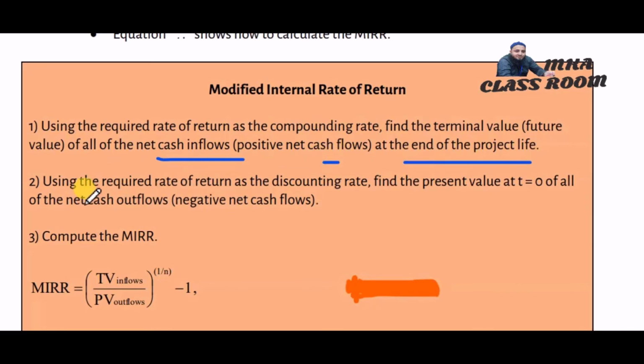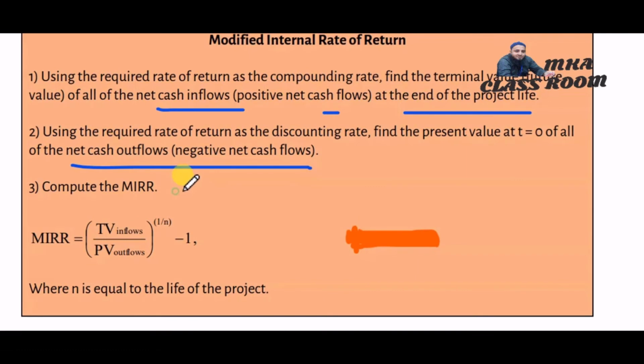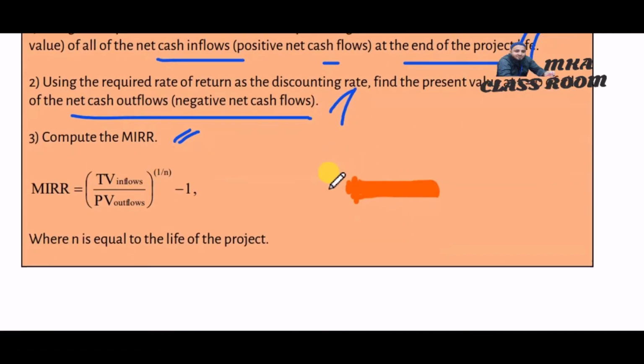Yes, that we have already calculated. Using the required rate of return as the discounting rate, find the present value at t equal to 0 of all net cash outflows, negative cash flows. So compute IRR. Same rules.